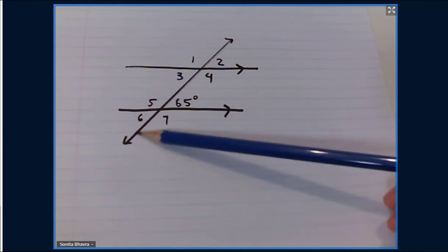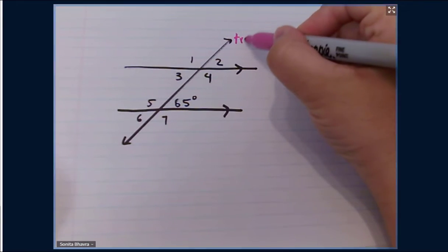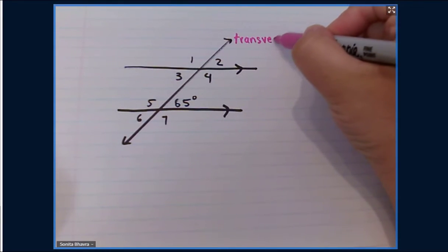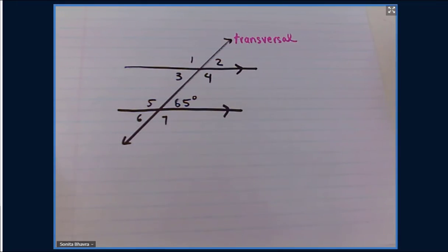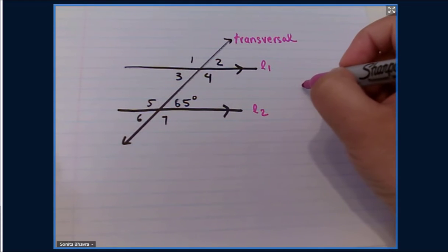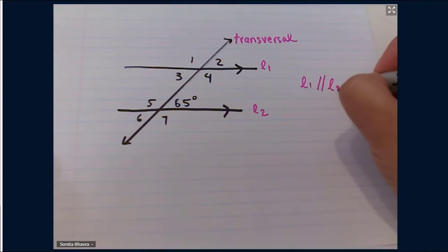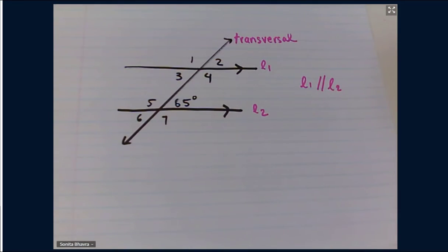This line going through them is called the transversal. I'm just going to label it transversal. And if this was line 1 and this was line 2, we can say that line 1 is parallel to line 2.